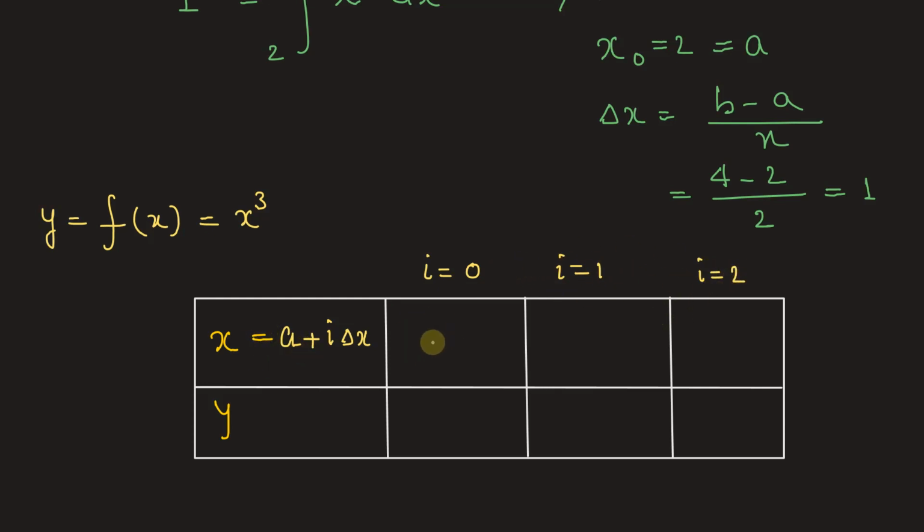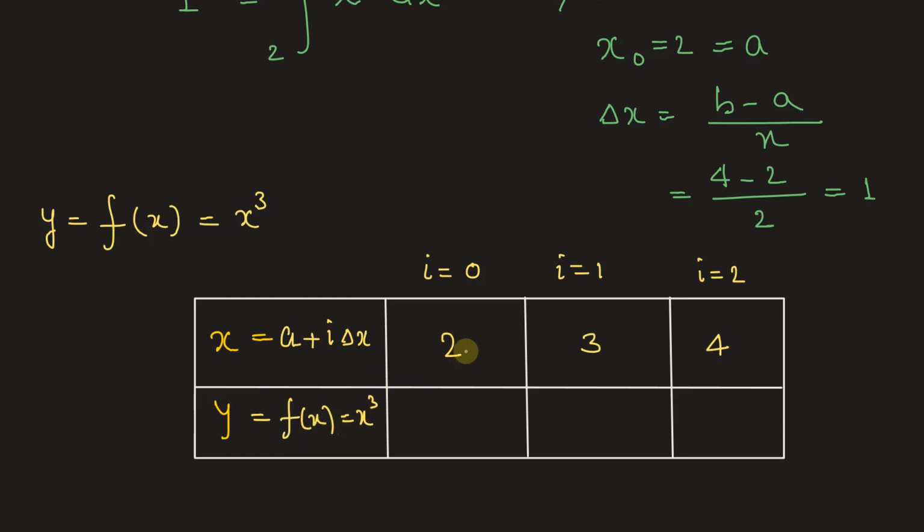Now the initial value of x will be a, that is given in the problem as 2. For the second value, if we put i is equal to 1 here, and delta x is also equal to 1, it will be 2 plus 1, that is 3. And for i is equal to 2, the value will be 4. Now let's write the corresponding value of y is equal to f of x, that is also equal to x cube.